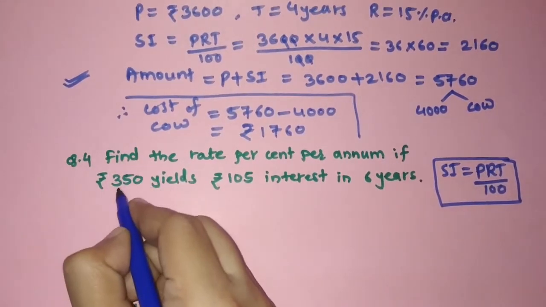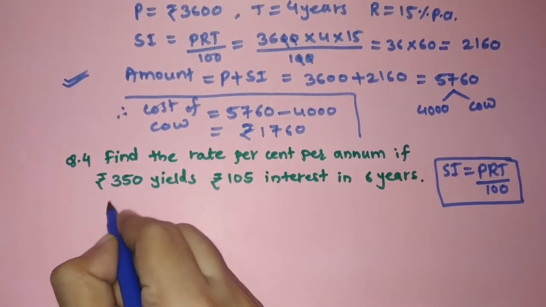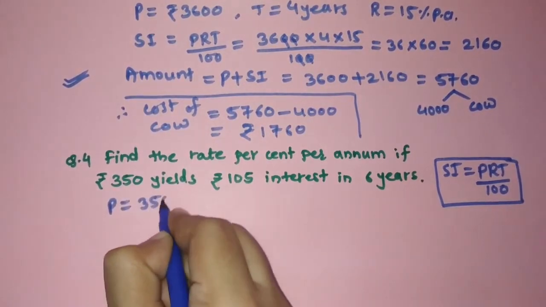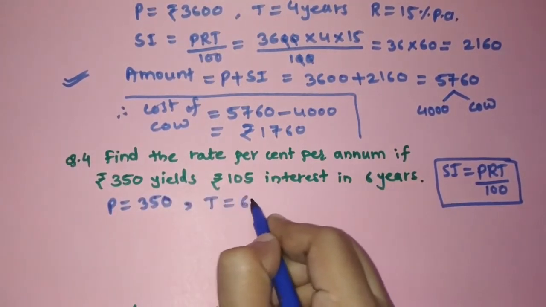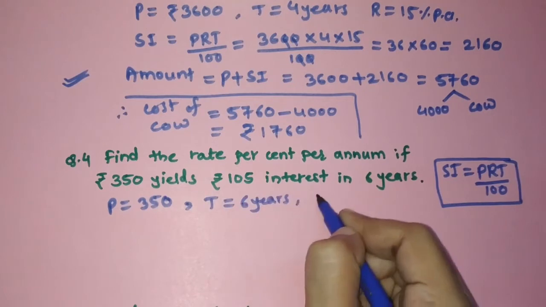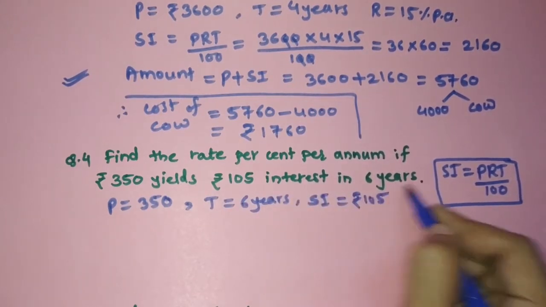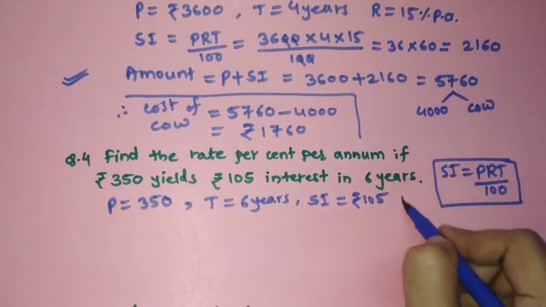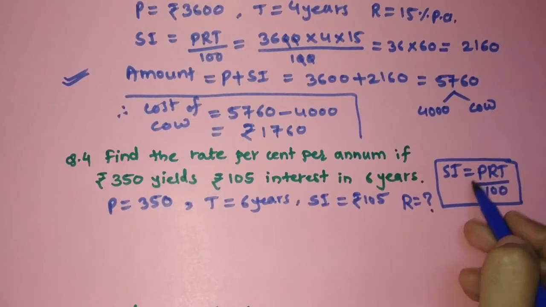So here it is given that the principal is 350, the time duration is 6 years, and the simple interest is also given, rupees 105, and we need to find the rate percent, which is unknown for us. So we can alter this formula.